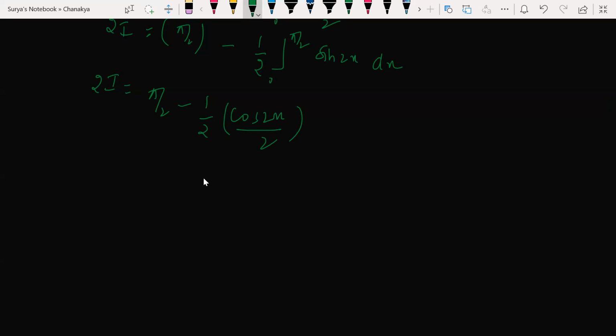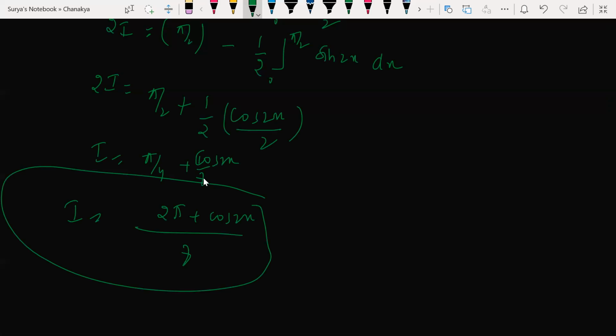So sorry, minus cos 2x, right? So plus, it becomes plus. So I is equal to what now? Pi by 4 plus 1 by 8, 2 times 4. That 2 will come to the denominator. So cos 2x by 8. So I is equal to, LCM is 8, 2 times pi plus cos 2x. This is my answer.